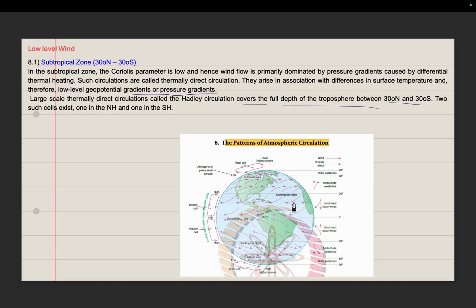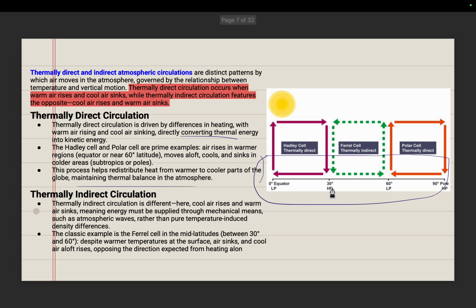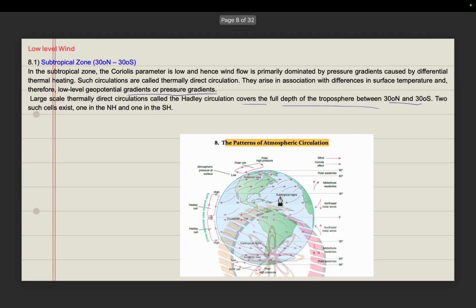In this northern Hadley cell, the wind is flowing from this direction. If there was no Coriolis force, it would flow straight in this direction.